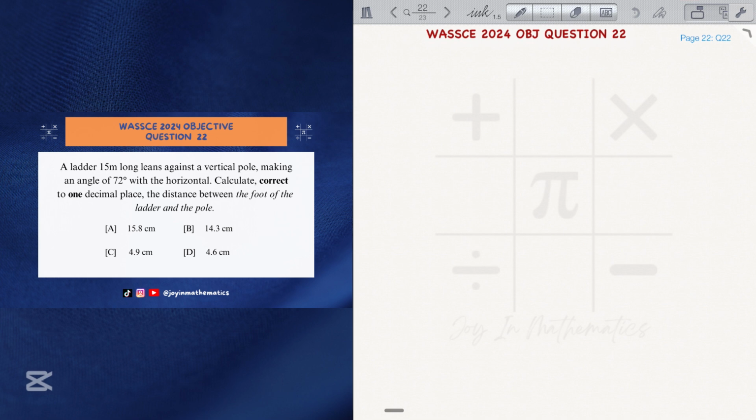Now let's say this is the vertical pole, and then we have a ladder that leans against the vertical pole. The ladder is 15 meters long, so let's call this the ladder.